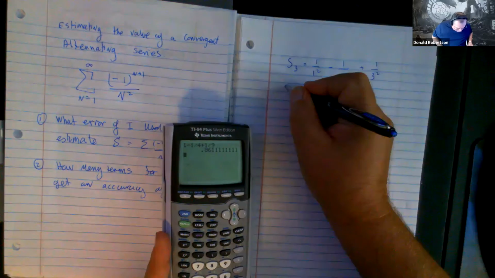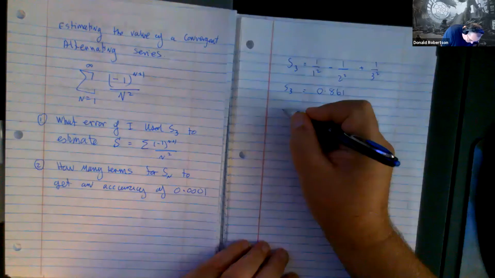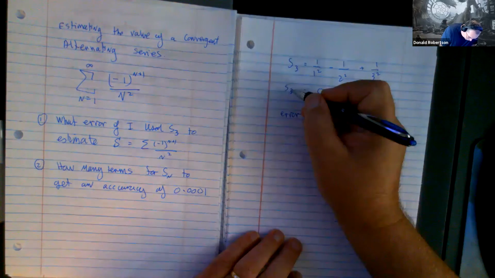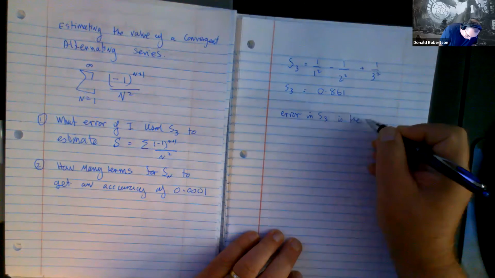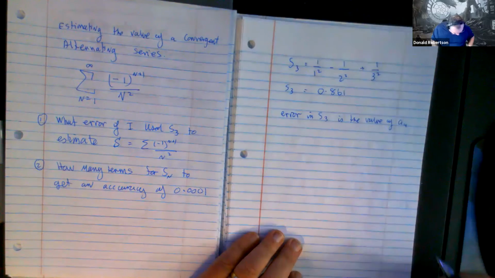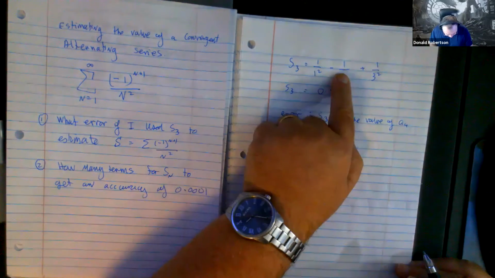But I want to know what error I get. For an alternating series, the error in using S3 is the value of A4. It's the value of the 4th term, right? That's the first term, that's the second term, that's the third term.